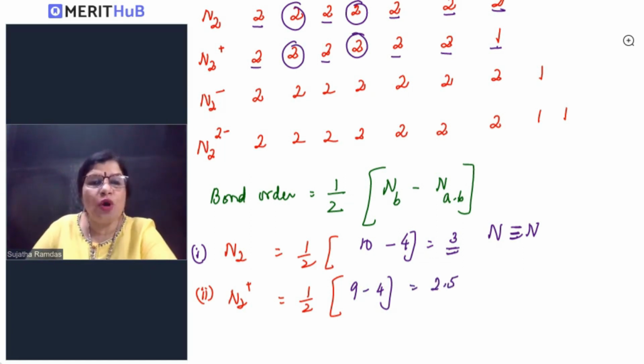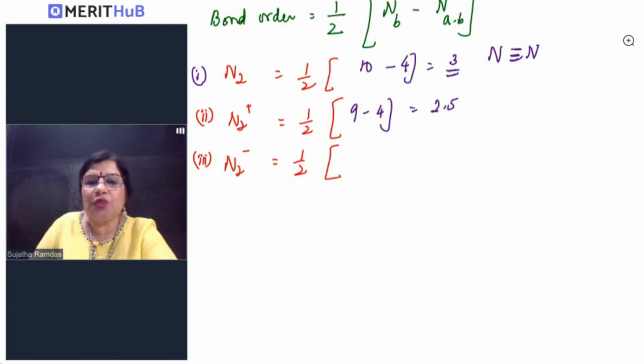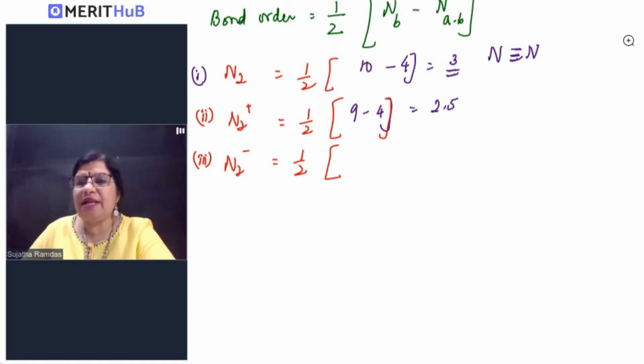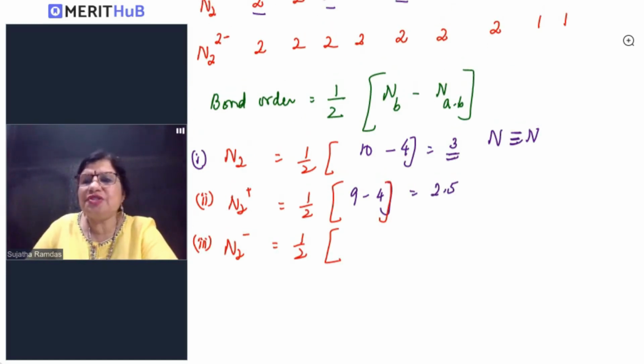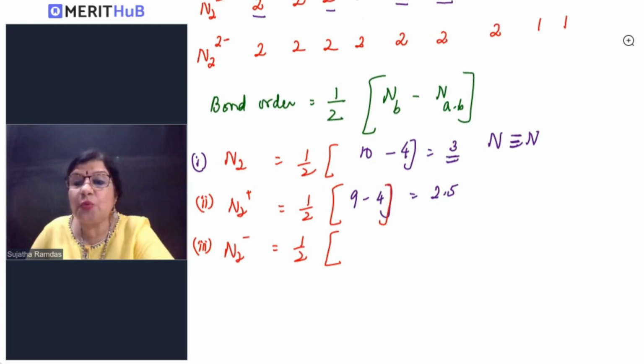Okay, now let's move on to the third species, N2 minus 1, half into. So again, let's find out the number of bonding and anti-bonding electrons in N2 minus. Okay, so these are the bonding electrons, more of it. And then you have sigma 2p, pi 2pz, sigma 2px.